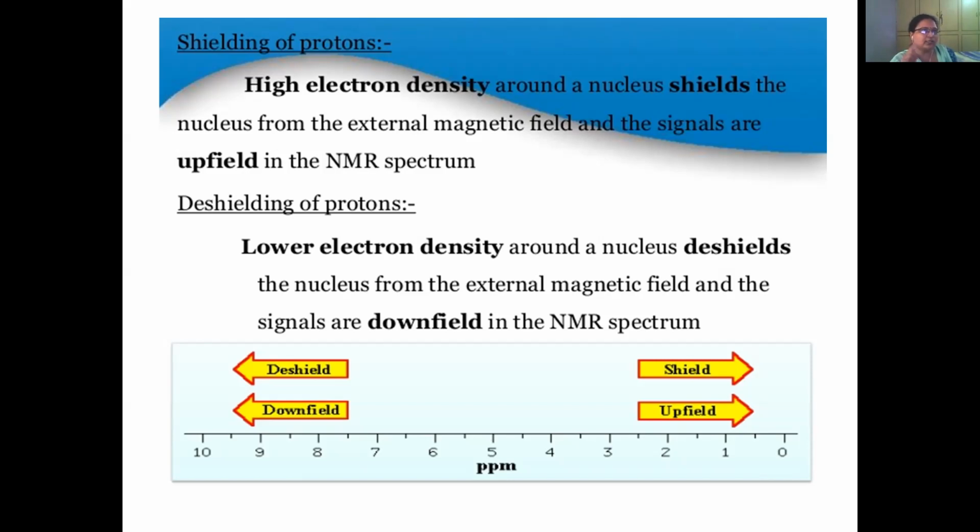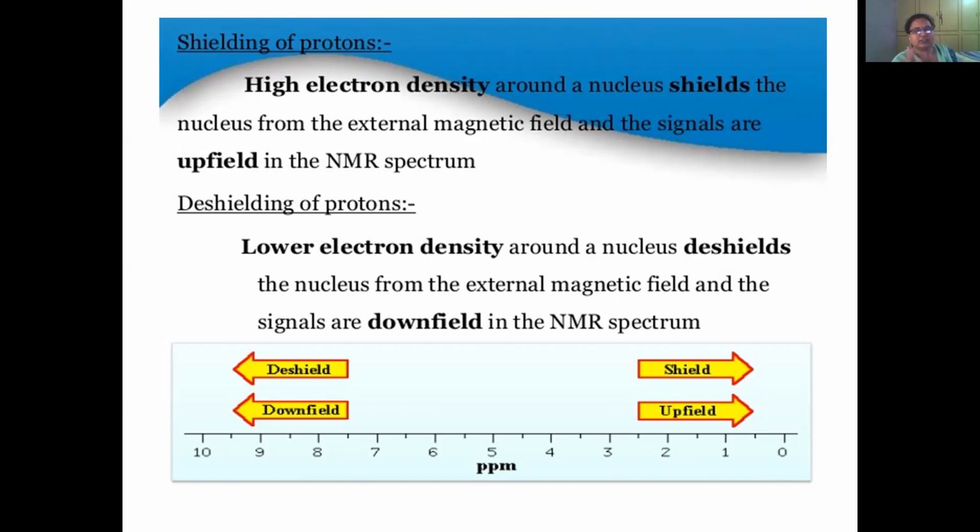So you write delta negative on Cl and delta positive on carbon. That means Cl is pulling away the electrons, so the carbon is becoming positive, and there is some vacancy there. That means the carbon atom is getting de-shielded.